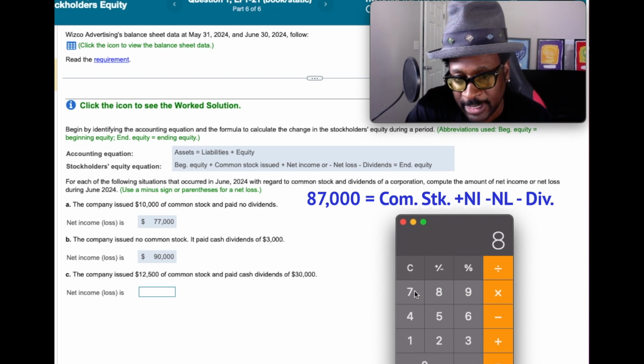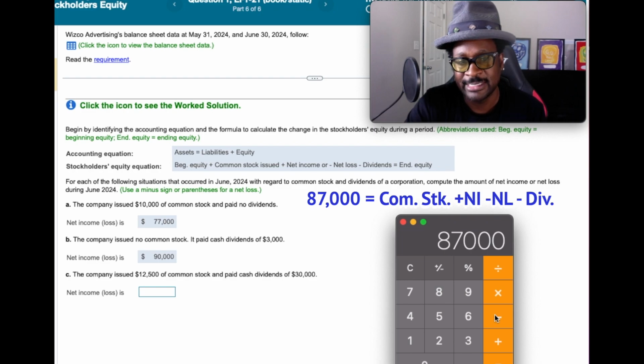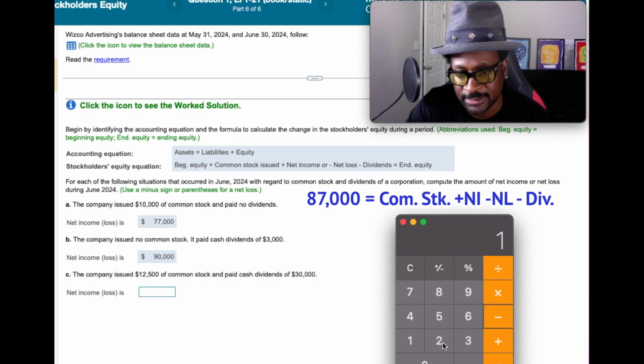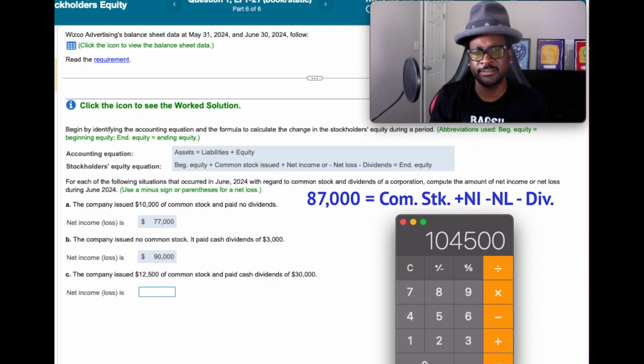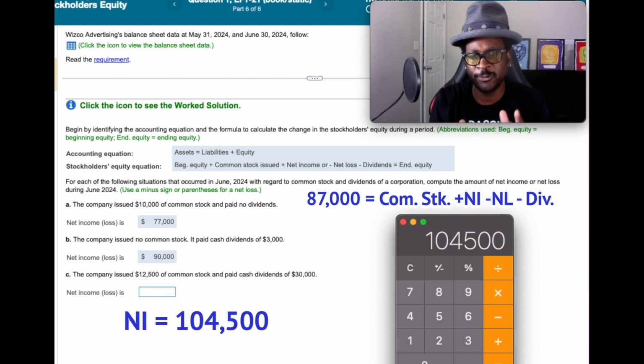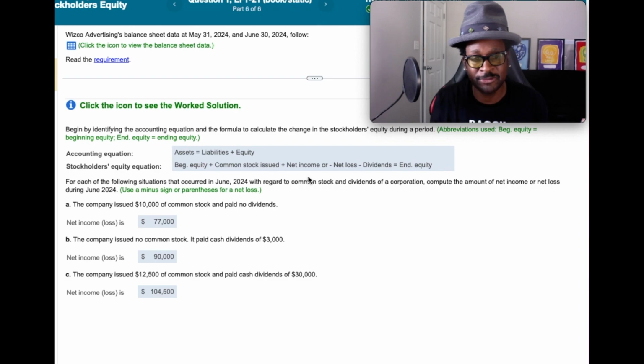Let's do it. $87,000 represents our increase for the period, and the common stock now needs to be subtracted to bring it over to the left side of the equation, and the dividends need to be added as well. And so that should give us a net income of $104,500. Bags!